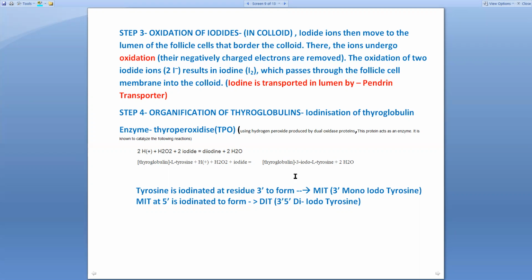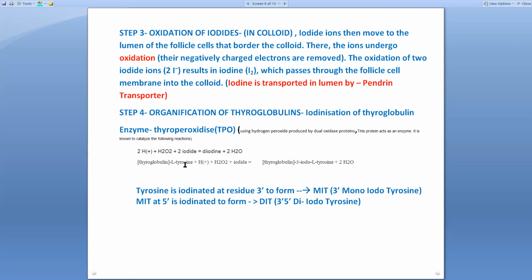Now this thyroperoxidase is known to catalyze the following reaction, in which hydrogen peroxide, two hydrogen ions and two iodide ions combine to form diiodine, and water is released. Now thyroglobulin is already present here in the colloid.